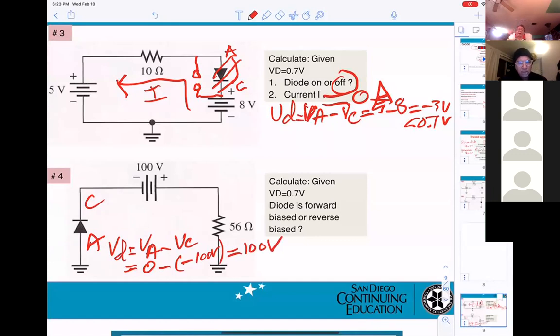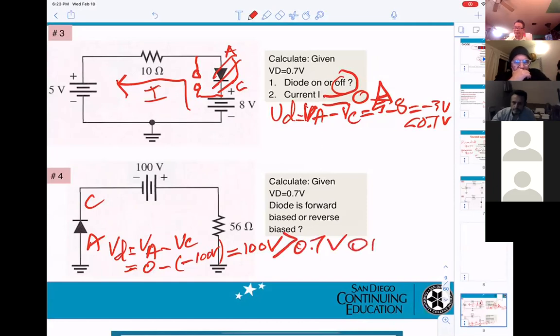That's how I calculate it. So, diode on or off? The 100 volt is greater than 0.7, so they should be off.